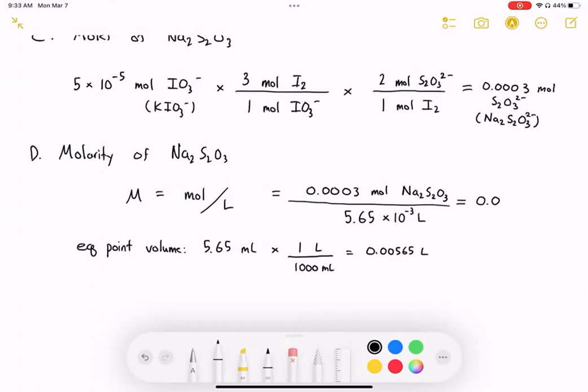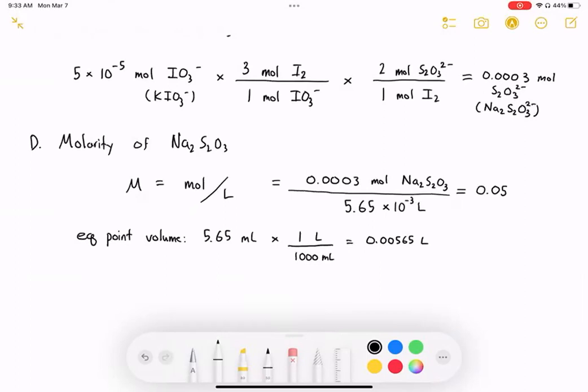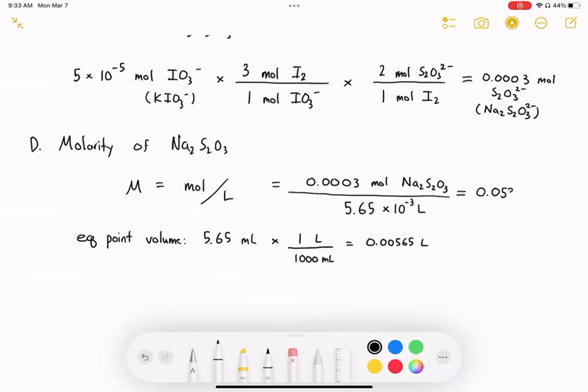So let's put 3 sig figs, because we know the volume to a very accurate amount since we measured out 5.00 milliliters.